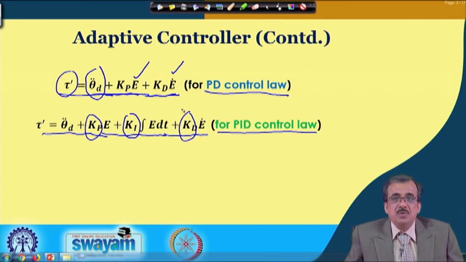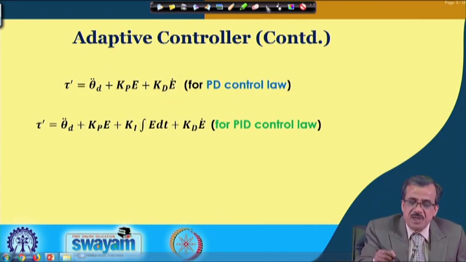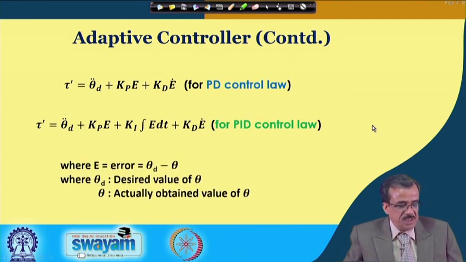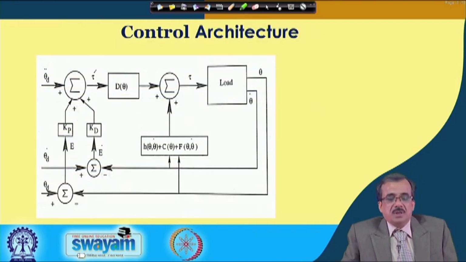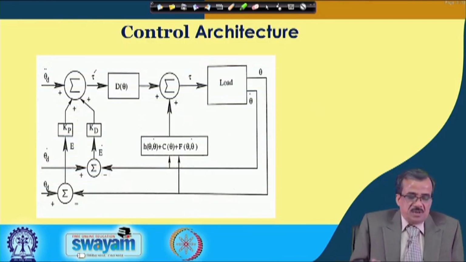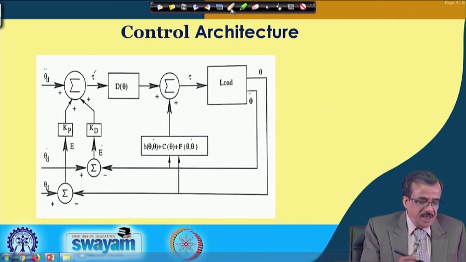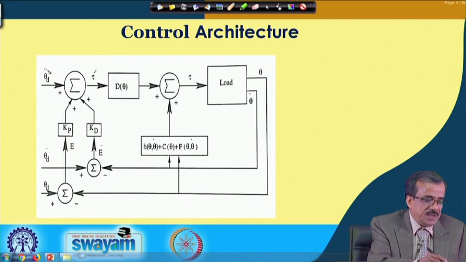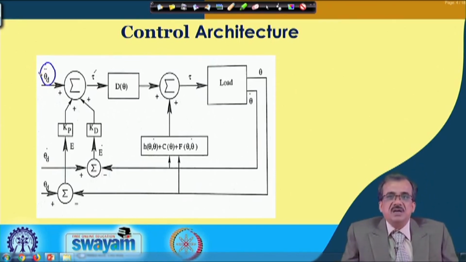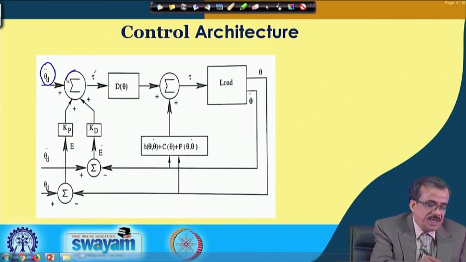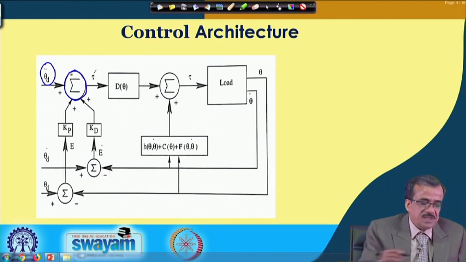Now, let us see how to implement. If you see the architecture of this particular controller, this is the control architecture. Our aim is to generate tau prime, where theta d double dot is the desired acceleration, and here we have a summing junction.